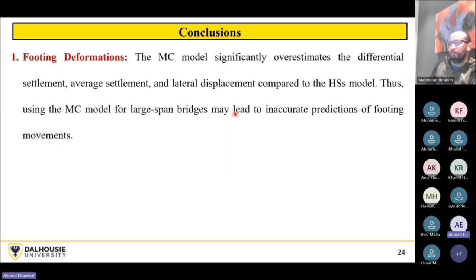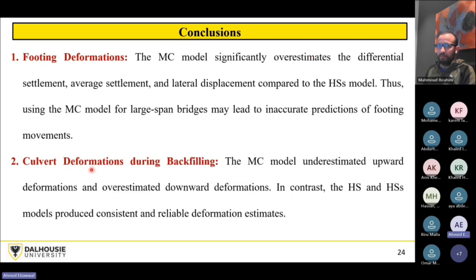To conclude, talking about the footing deformations, the Moore column model can be a disaster. It overestimates the deformations in all directions: vertical, lateral, and even differential settlement. For the deformations along the arch during backfilling, the Moore column model underestimates the upward deformation and overestimates the downward deformation.